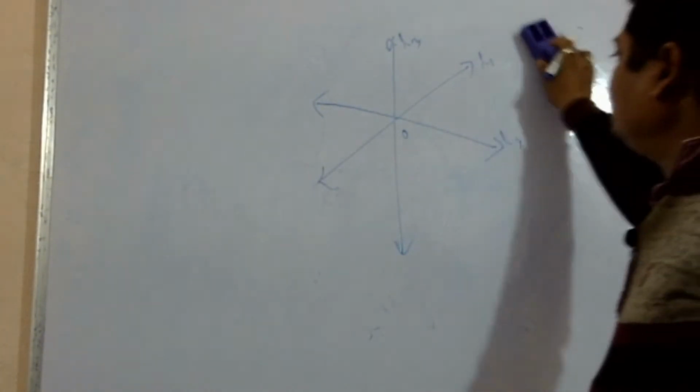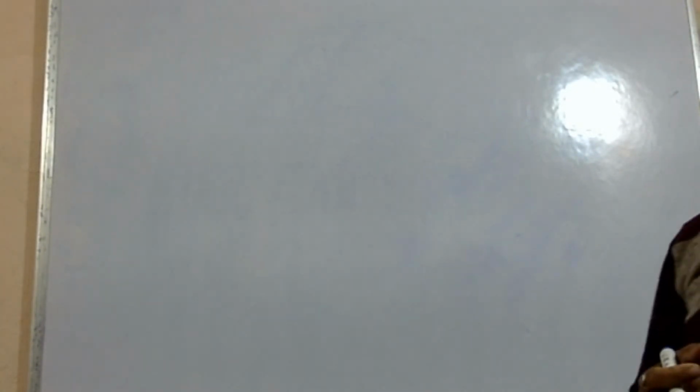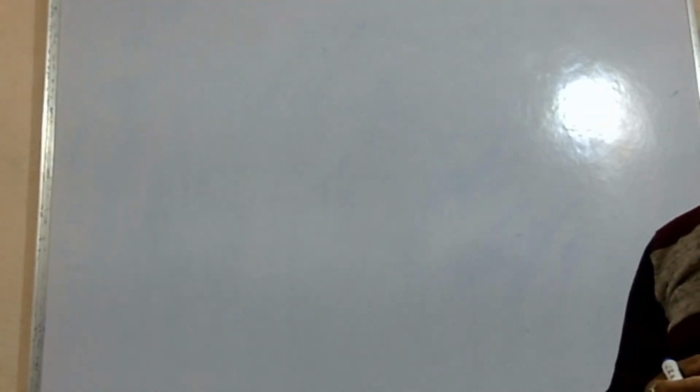What is altitude? Altitude is the perpendicular distance, or the perpendicular from any vertex to the opposite side of a triangle, and it is known as altitude. Write down altitude.